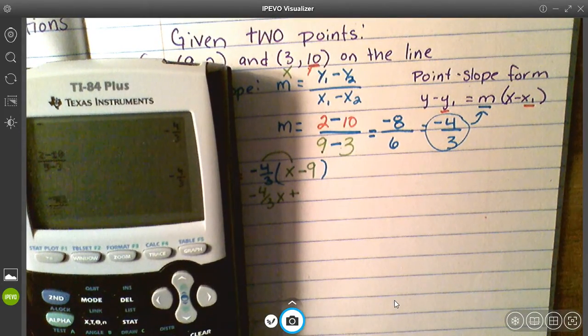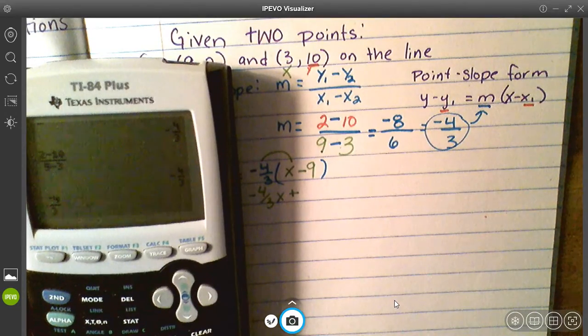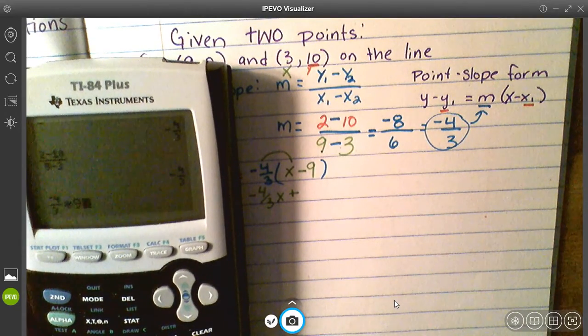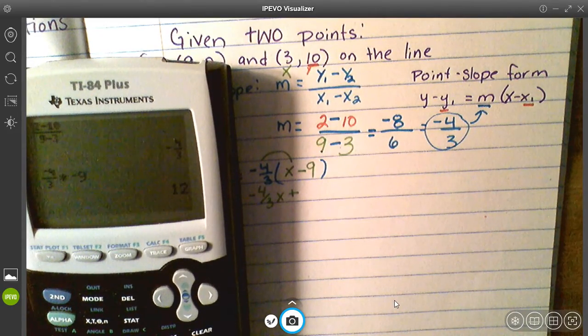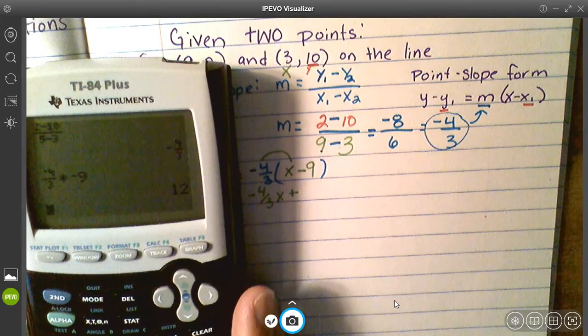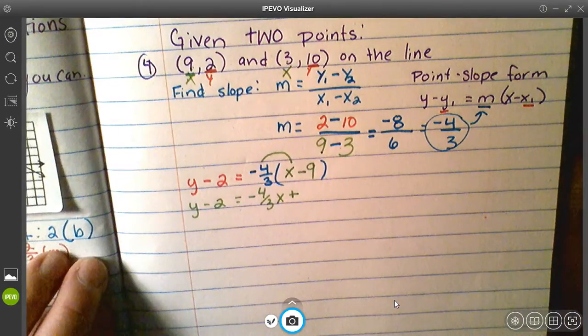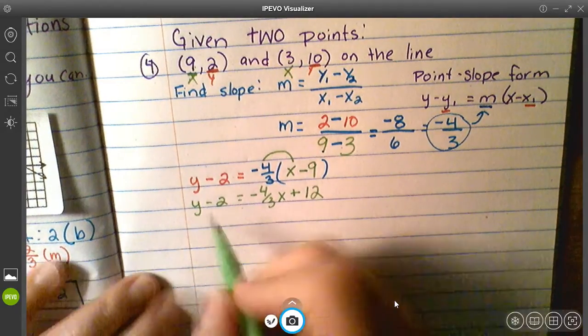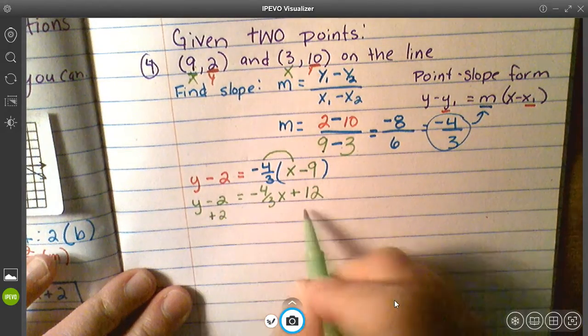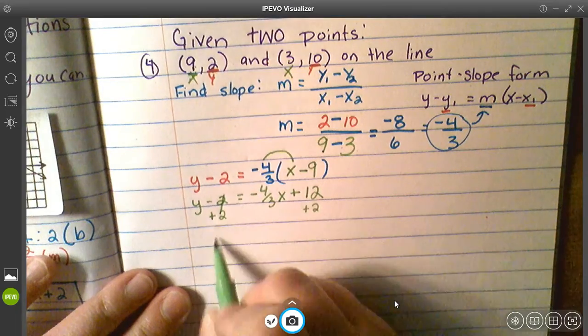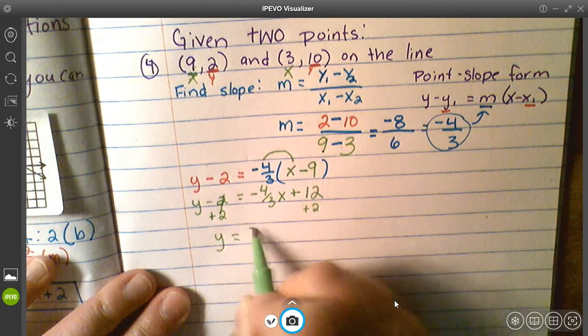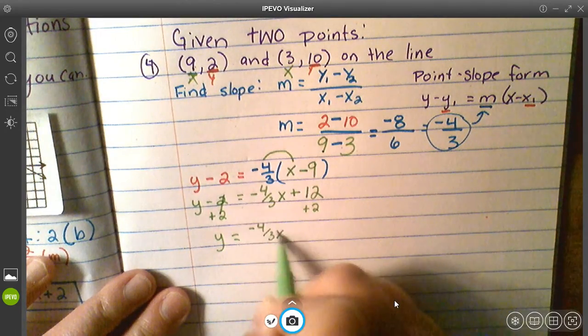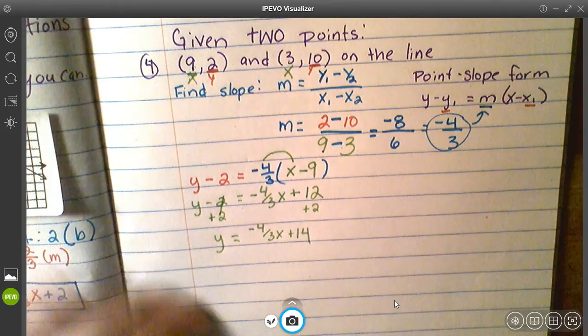So negative 4/3 times negative 9, and I get 12. 12 is my answer. And then I will finish this up by adding my 2 to be over here with my other number. And I get y equals negative 4/3 x plus 14.